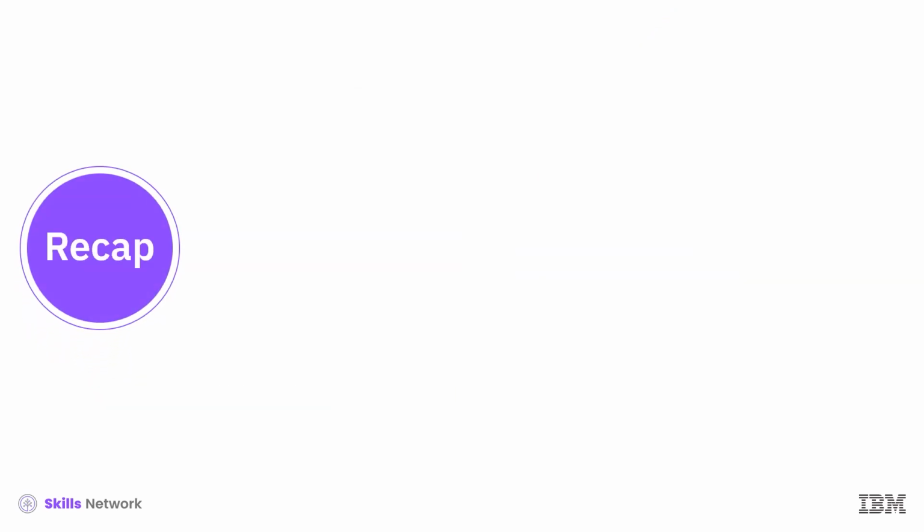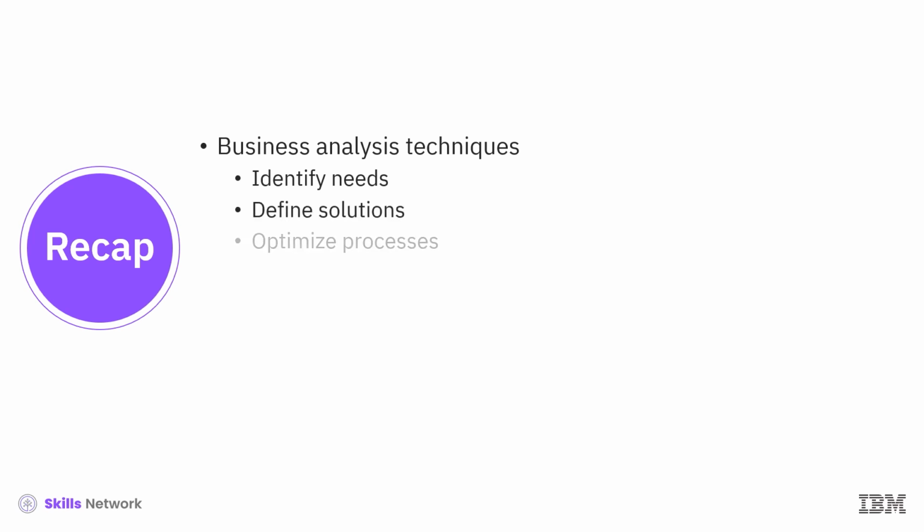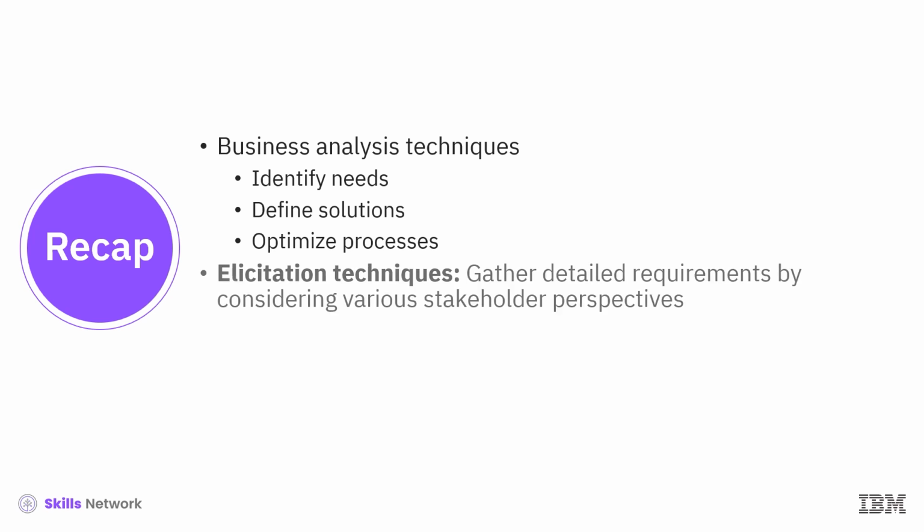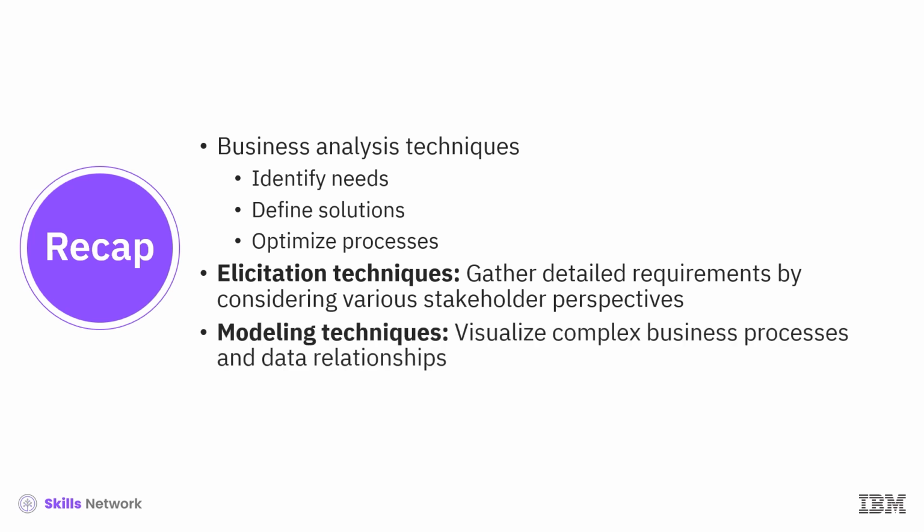In this video, you learn that business analysis techniques are crucial for identifying needs, defining solutions, and optimizing processes to enhance business performance. These techniques can be broadly divided into several key areas. Elicitation techniques gather detailed requirements by considering various stakeholder perspectives. Modeling techniques help visualize complex business processes and data relationships.